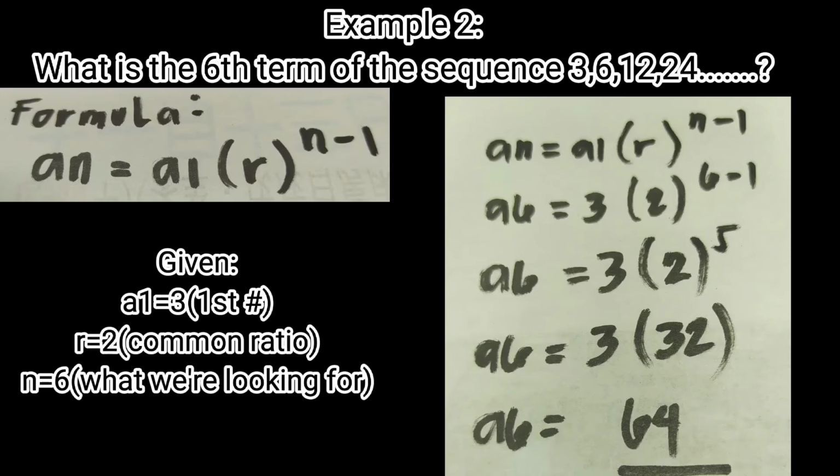So, A6 is equal to 3 times 2 raised to 5. What is 2 raised to 5? Using the calculator, you can easily find it. So, we have 32. So, A6 is equal to 3 times 32, 64. Meaning, the 6th term of our sequence 3, 6, 12, 24, and so on, is 64.